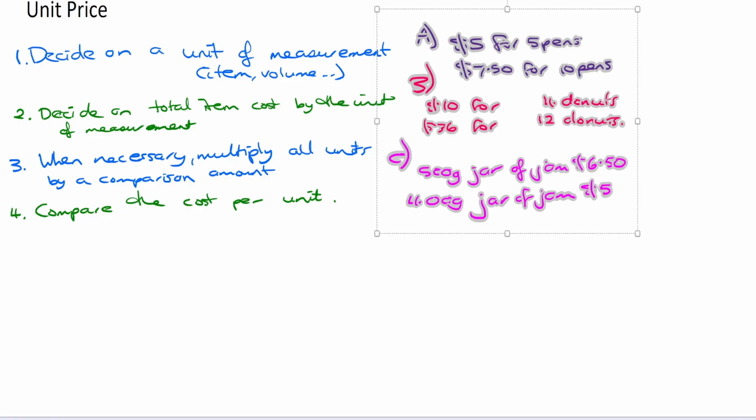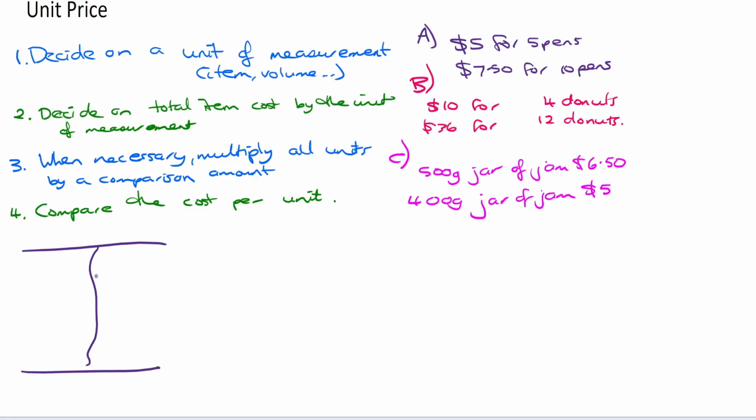I always set up a double number line when I'm comparing. What am I comparing? Well, I'm comparing pens and how much money I spent. So if I spent $0, I would get 0 pens.